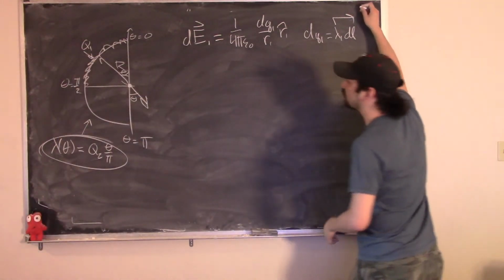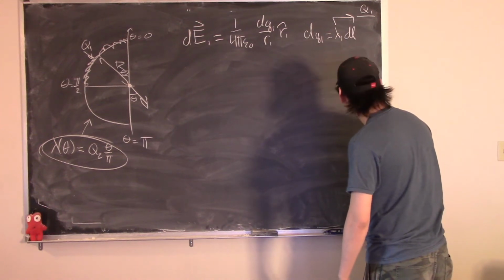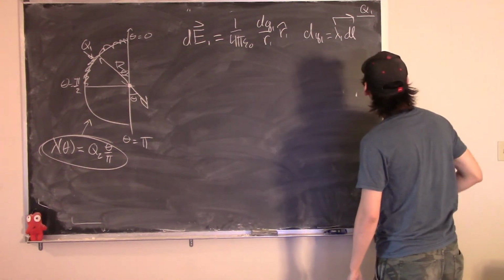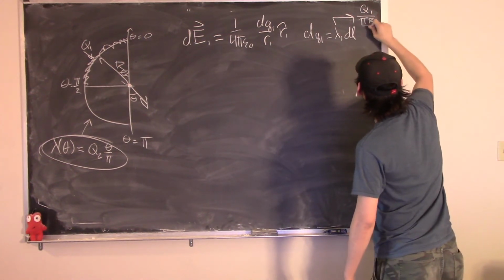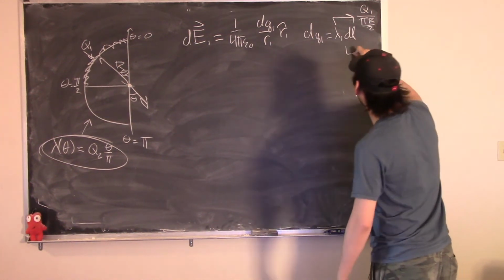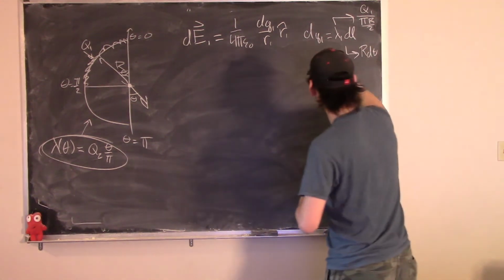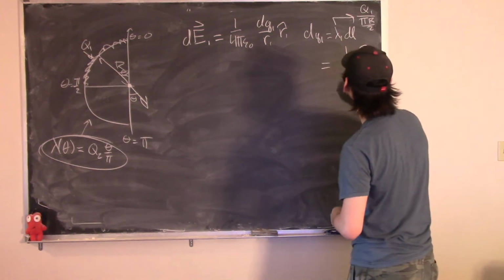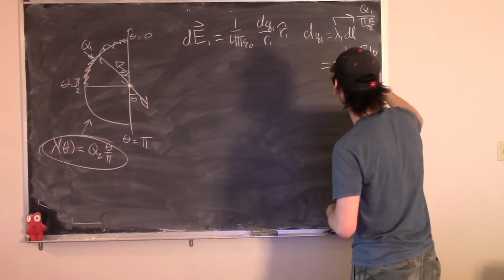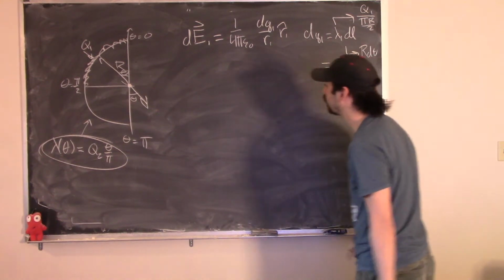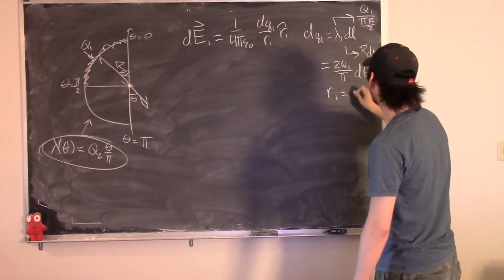And so this is going to be this charge q1 divided by 2 pi r divided by 4, so pi r divided by 2. And dl, because this is the arc of a circle, is going to be r d theta. And so dq1 is going to be equal to 2q1 divided by pi times d theta. Now r1 is going to be equal to just capital R.